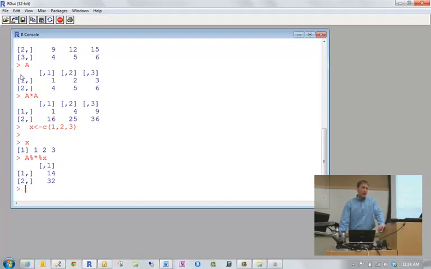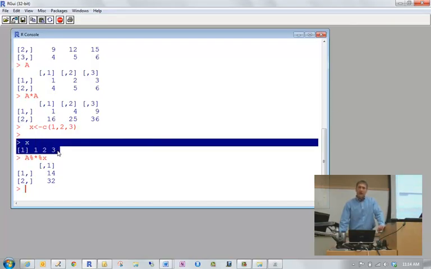So what R does, in order for the multiplication to actually work, it changes this X into a 3 by 1 mathematical matrix or vector. That's how R actually does it. It transforms your vector in R's terminology to a form where the matrix algebra will work out.